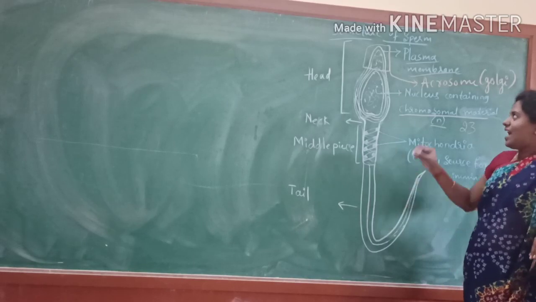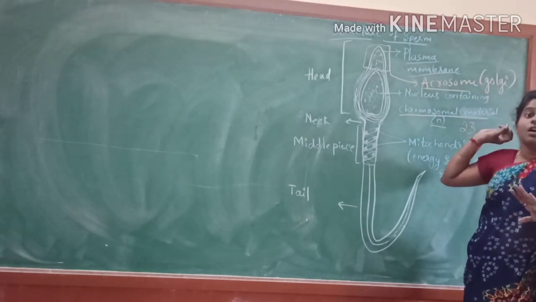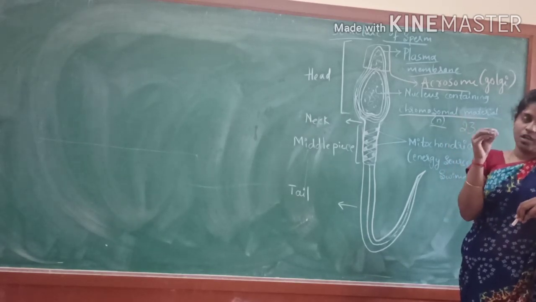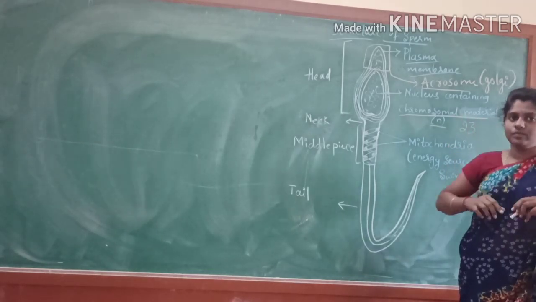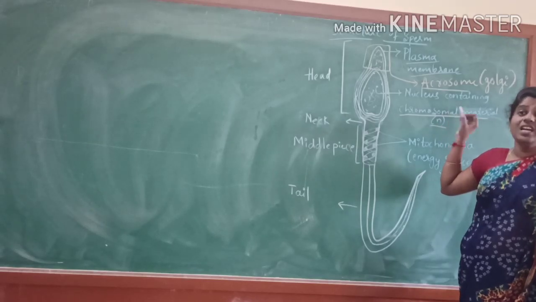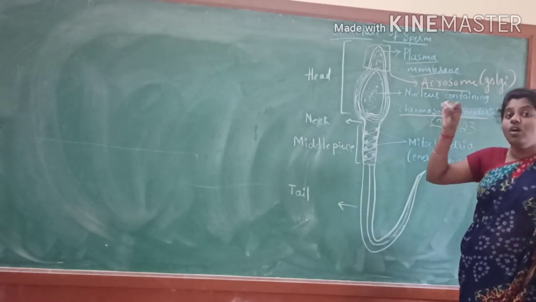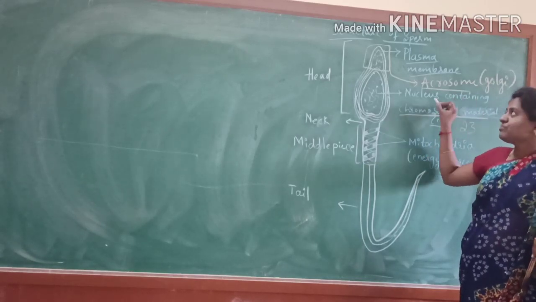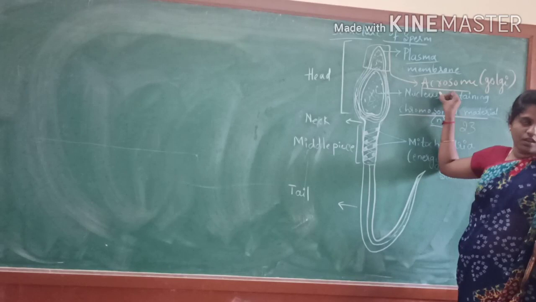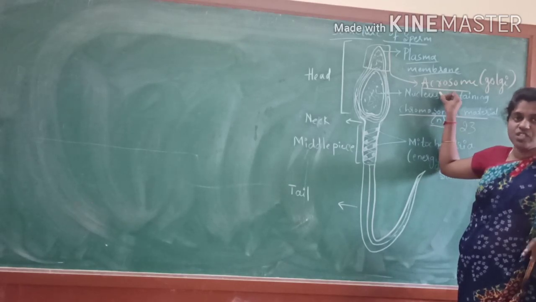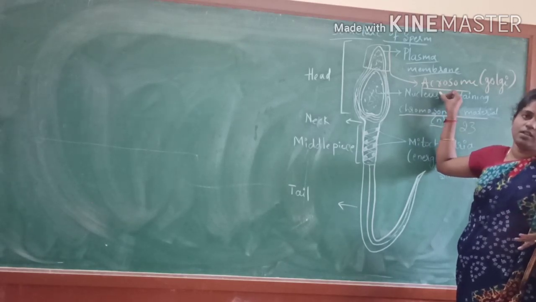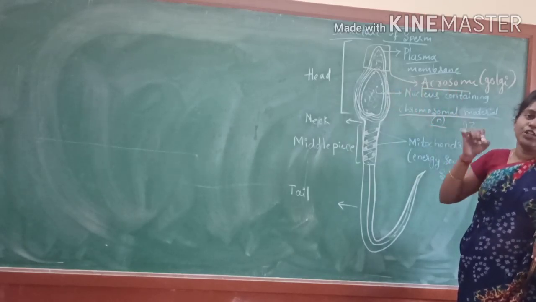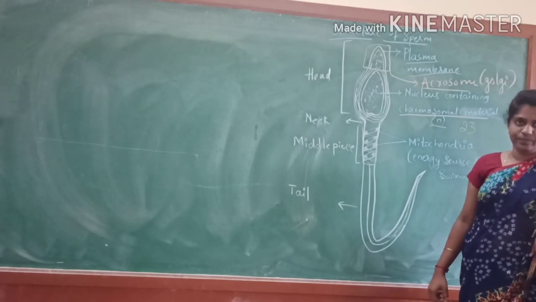It helps in penetrating the ovum wall by dissolving the outer membrane of the female gamete. The main function of the acrosome is to dissolve the wall of the ovum so the chromosomal material can penetrate into the female gamete.